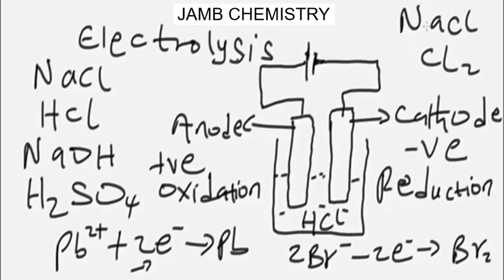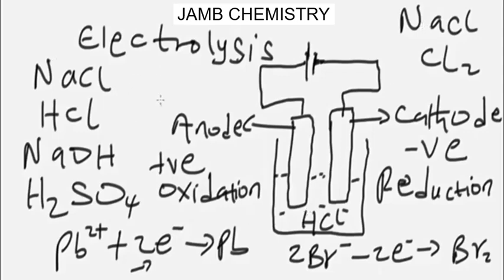So when negative ions migrate or get attracted to the positive electrode, they get oxidized by losing electrons to form its molecule, the gaseous form of the atom. If oxygen goes to the anode, it will form oxygen gas. Very, very important.